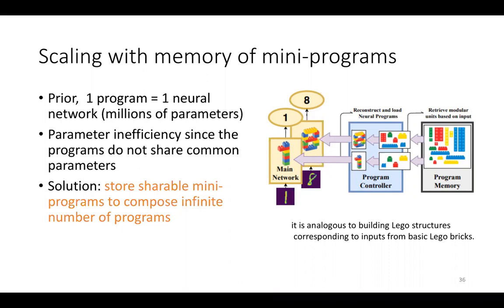And also it is very parameter inefficient, since the programs are separated, they're different neural networks and they do not share common parameters. So the solution here is they try to store scalable mini programs to compose an infinite number of real programs. You can think of it as building a Lego structure. You're building a big Lego structure based on basic Lego bricks from a set of possible mini programs, or the bricks. And the construction of the big program is dependent on the input.